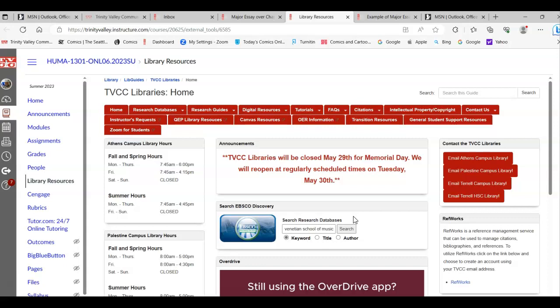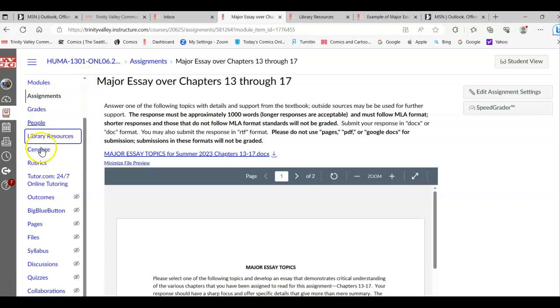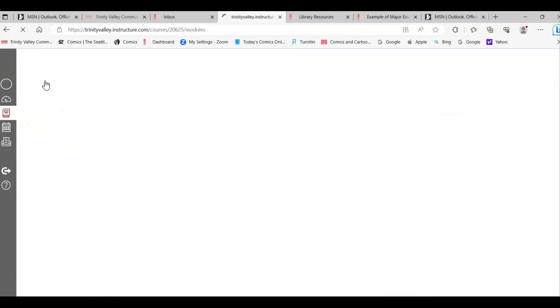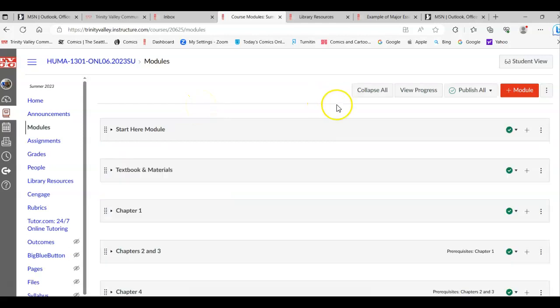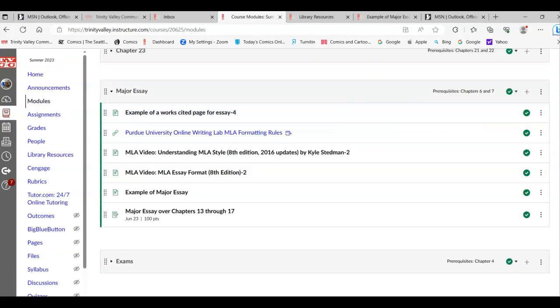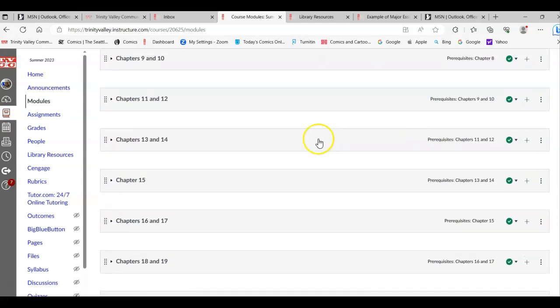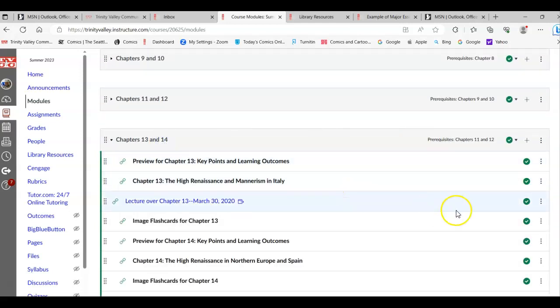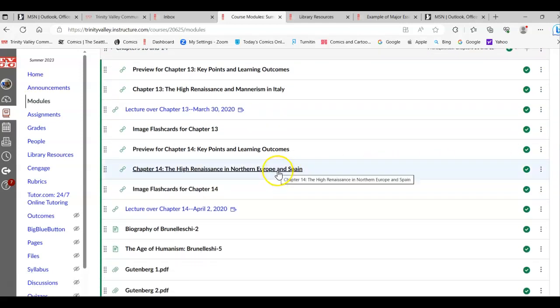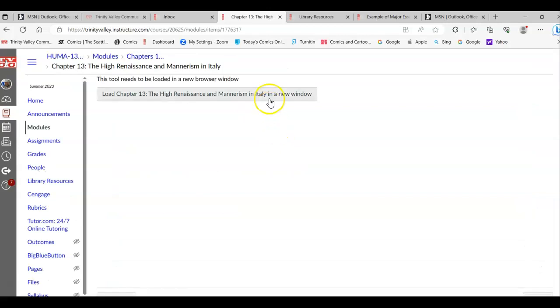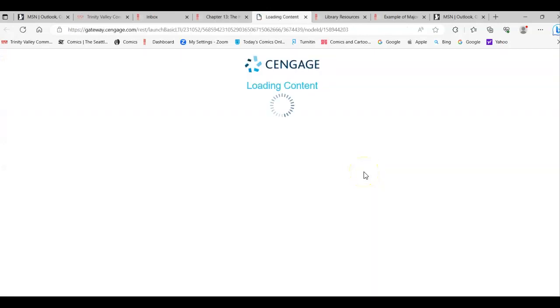As you're working on the topic, of course, looking in the textbook, and I'll go back to that very quickly. For instance, it's got to jump a little bit. There we go. When you look at, for instance, chapter 14, the High Renaissance in Northern Europe and Spain, or looking at chapter 13, the High Renaissance and Mannerism in Italy, that particular chapter, you'll see some of these details.